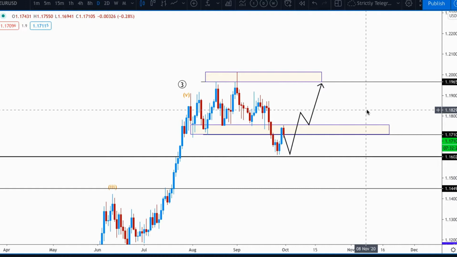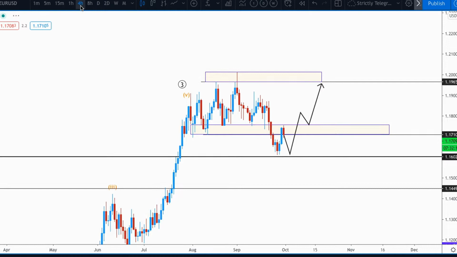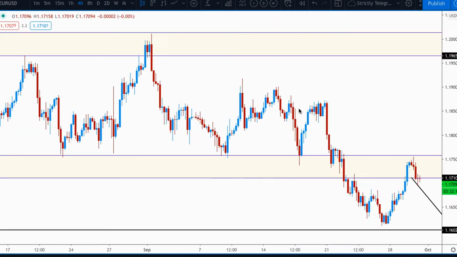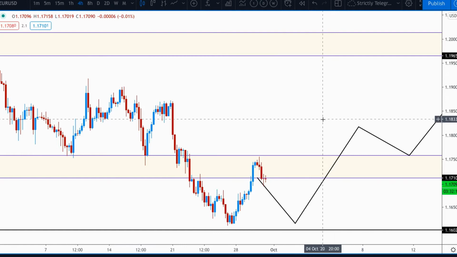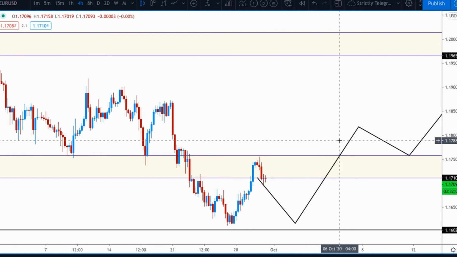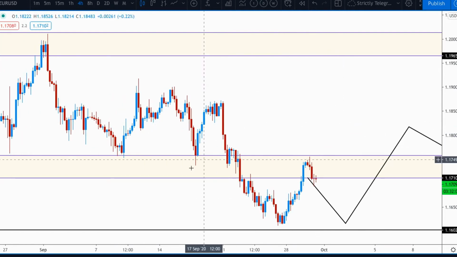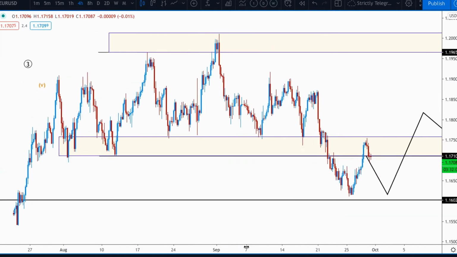Now, as promised, I said that once I identify a setup that meets my trading requirement, I will be sharing this trade with you, and I'll be giving you the entry, stop loss, and take profit levels for this particular trade. Now, all my trades are taken from the 4-hour time frame, right?